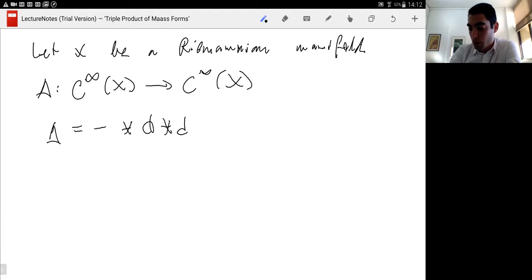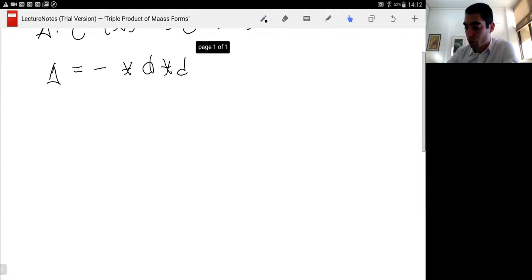So this abstract definition really does give us an operator on the ring of infinitely differentiable functions. And one readily sees that it is a differential operator of degree 2. So one can try to compute this operator for concrete examples.